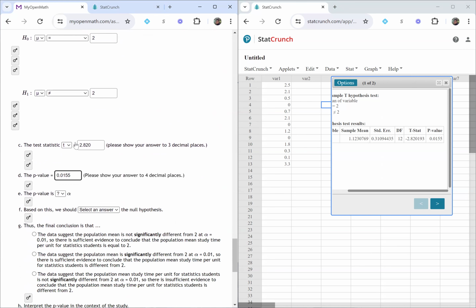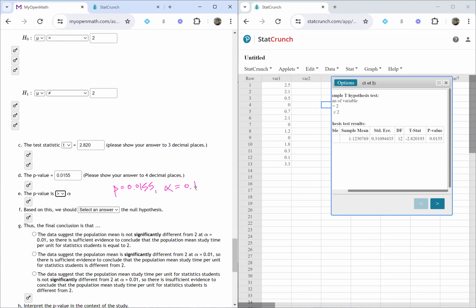If I annotate on the screen for a second, P is 0.0155, alpha is 0.01, and which one of those is bigger? I notice that my p-value is larger than my alpha.